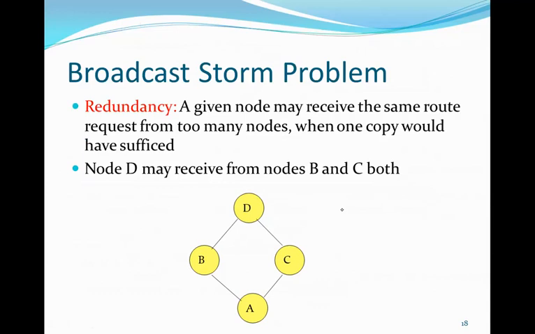Another important problem can be that, even if there is some intentional delay created by either node B or C to forward their data, it will create some redundancy where the node may receive the same packet twice. Node D will receive the same packet twice. Though a single packet is sufficient to decide about that data, it is receiving the same packet twice.